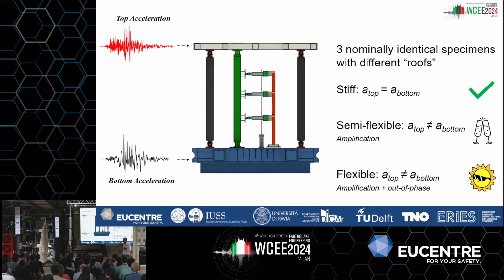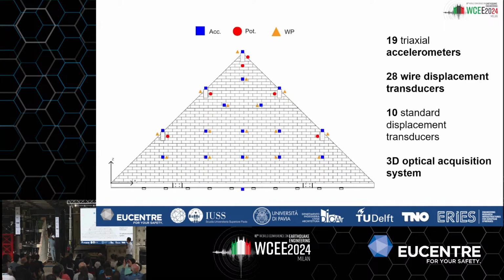What I mean by completely decoupled: basically we will apply the floor motion, and then we are simulating a roof with a certain period, like 0.5 second, that is moving also out of phase in some part of the test.